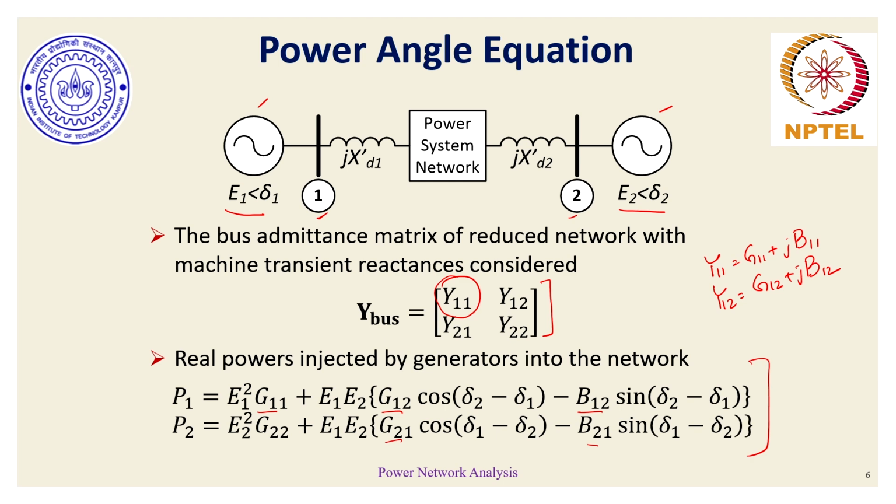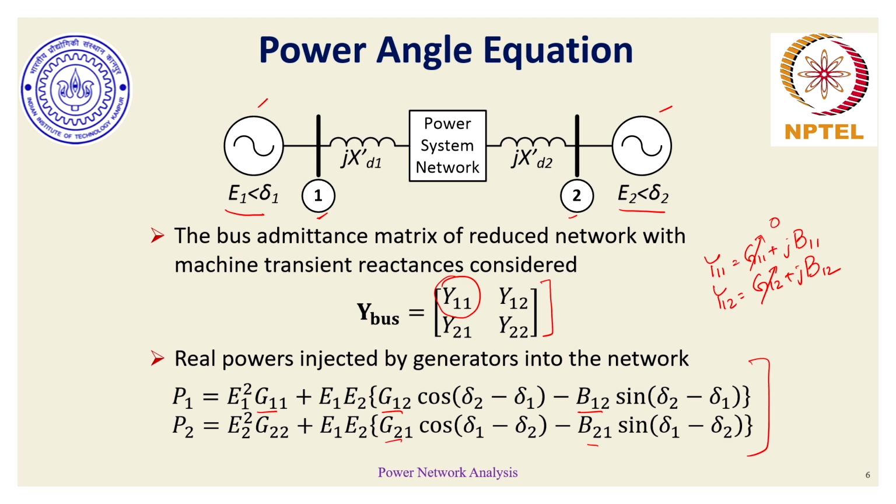Recollect that in classical rotor angle stability analysis, one of the assumptions involved was that network damping is completely ignored, which means network resistances are not to be considered. Even if they are present, their values are not to be considered. So in such a case where the network is lossless in terms of resistances, recollect from DC power flow that the corresponding G values will all become 0.